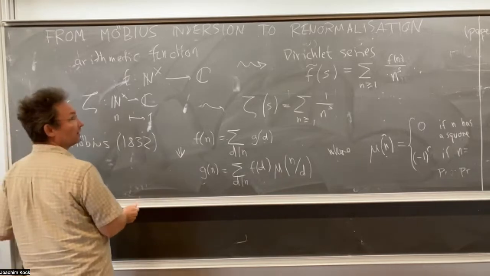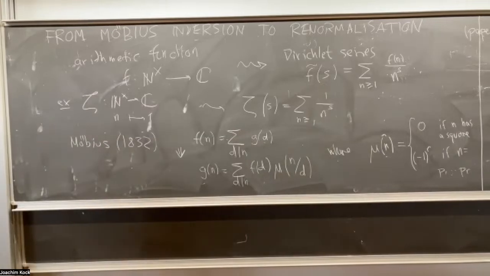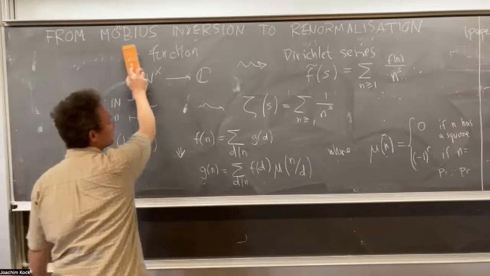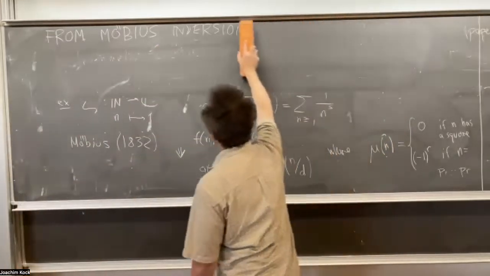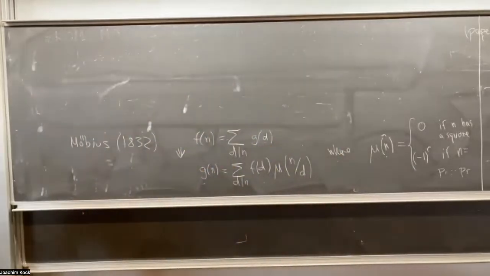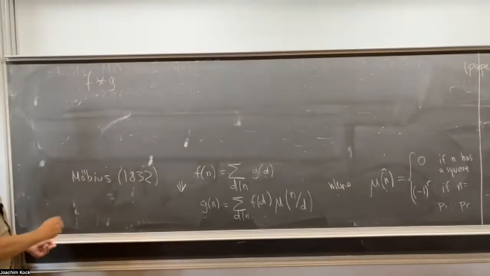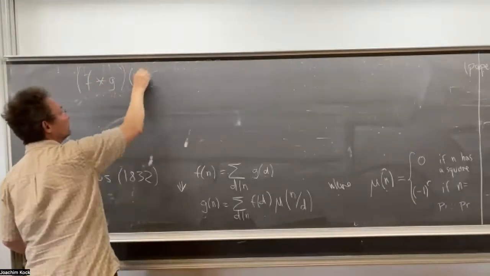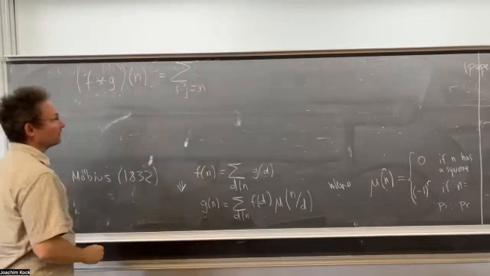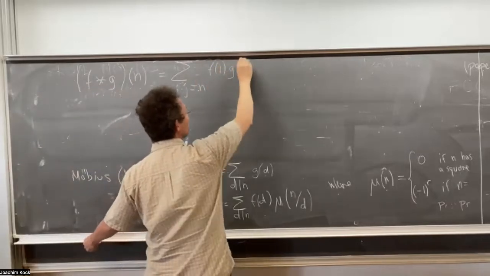Now, what is going on here? It becomes clearer if we introduce the Dirichlet convolution product. The convolution of two arithmetic functions, I need to say what it does to a positive natural number, and it is given by summing over all the products giving n, and then you evaluate f on the first and g on the second.